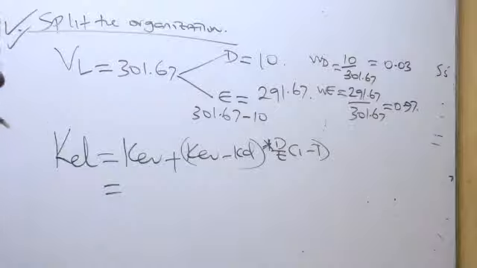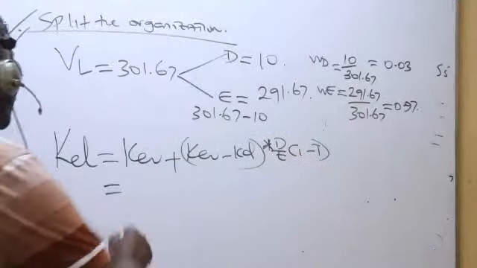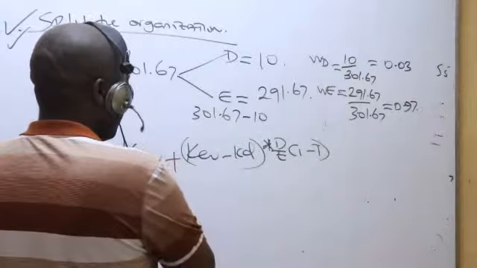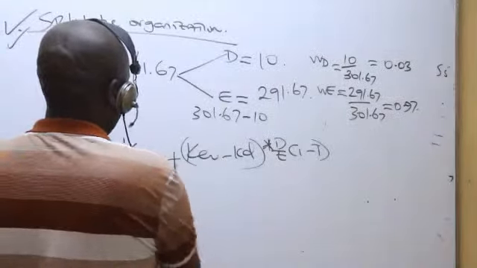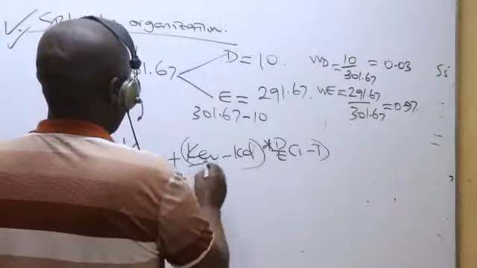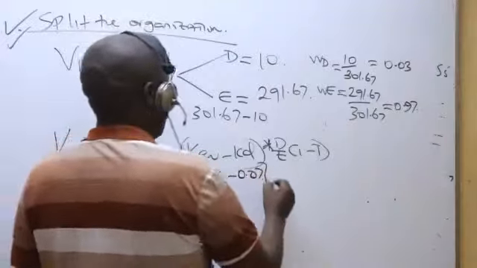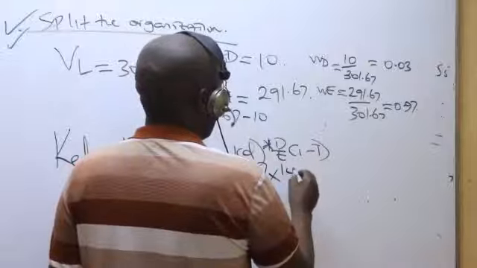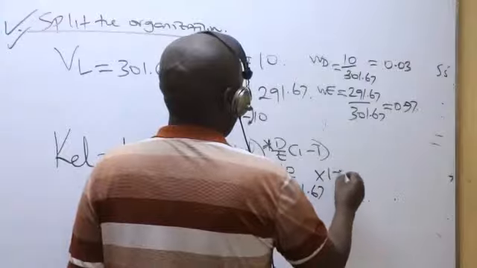KU cannot be 12.1. KU is the cost of equity of the unlevered firm. So KU is 12%, the same as 0.12, plus 0.12 minus KD of 0.07, times debt 10 over equity 291.67, times 1 minus 0.3.